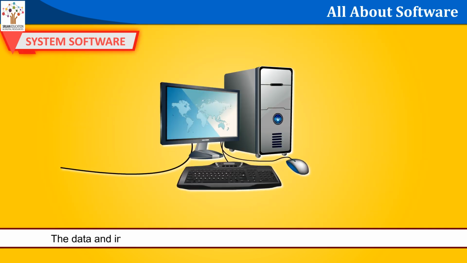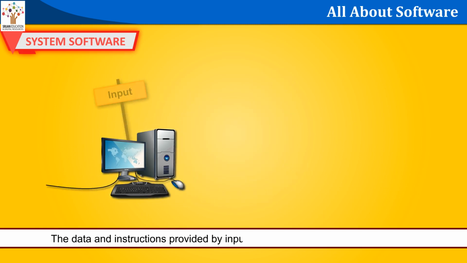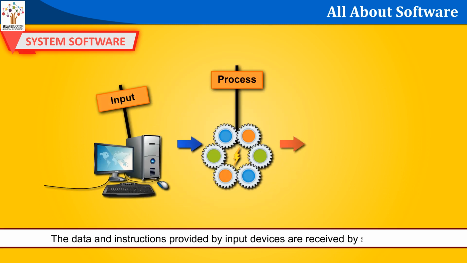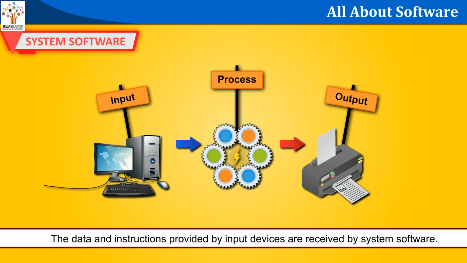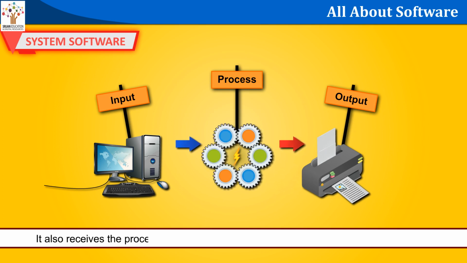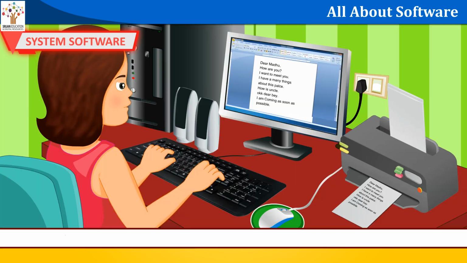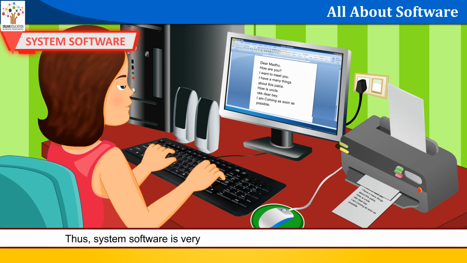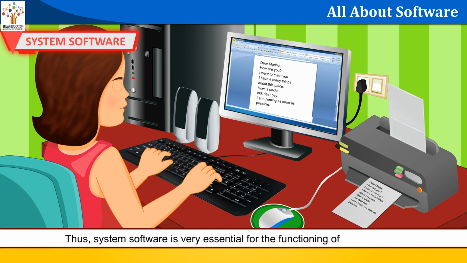The data and instructions provided by input devices are received by system software. It also receives the processed data and is responsible for delivering it to the output devices. Thus, system software is very essential for the functioning of a computer system.